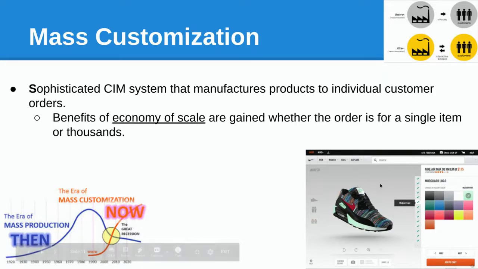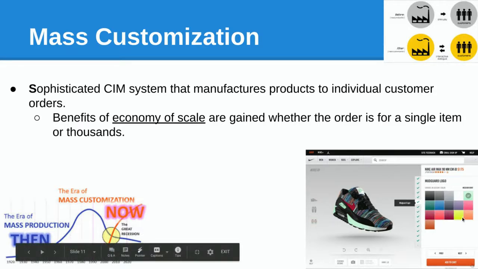This was off of Nike's website with one of their shoes, the Air Max 90, and you could buy them for only $175. But what the cool thing was, you got to pick what you wanted yours to look like. So there were certain things that you got to put into the system. They mass customized it for you, and it showed up at your house.